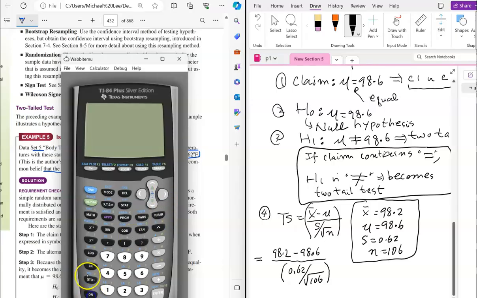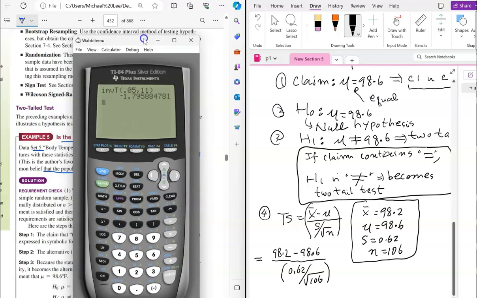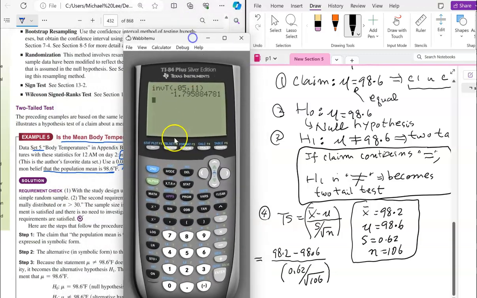To do that in the calculator, I'm going to turn on the calculator. Let me clear that. 98.2 subtract 98.6, divide by parenthesis 0.62 divided by the square root of 106.